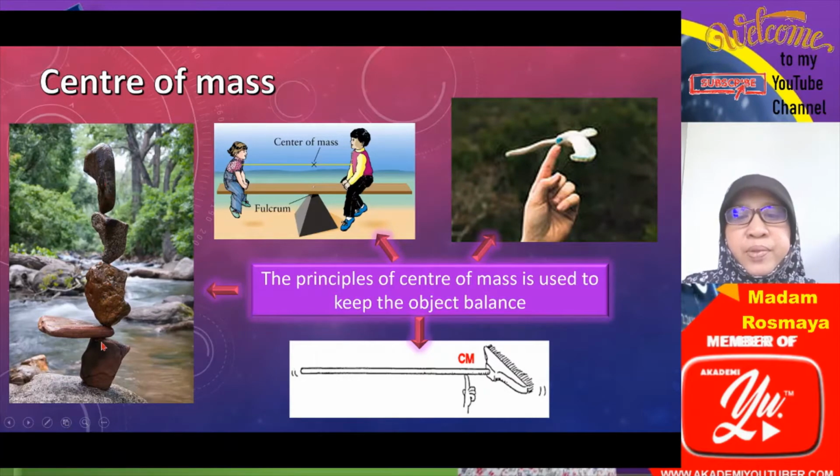The diagram below shows a broom balanced at its center of mass. If you hold a finger on the center of mass, the broom doesn't fall down.